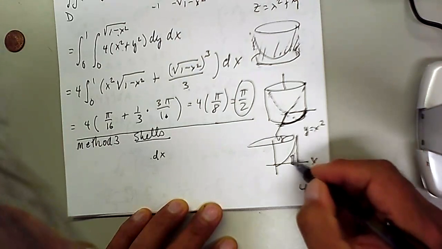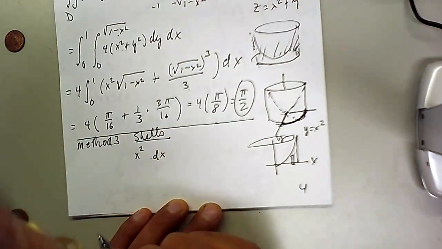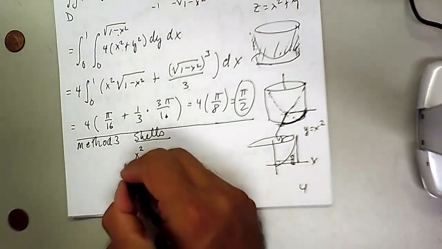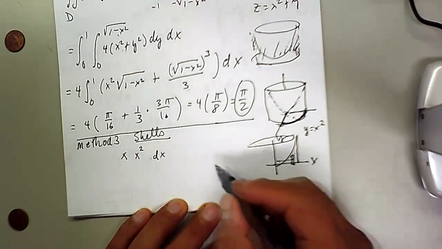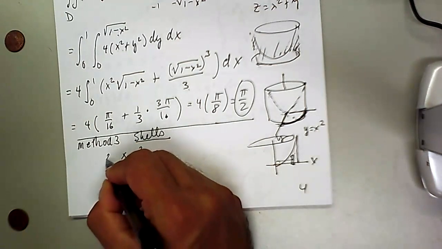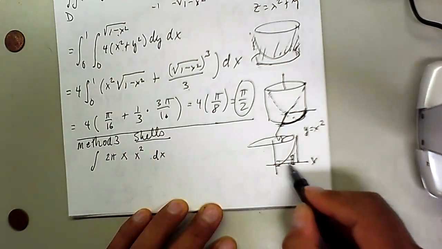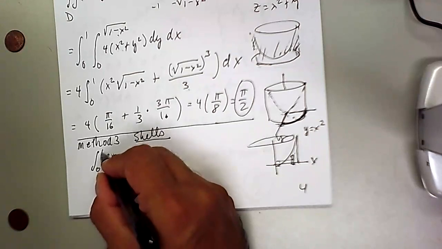So the y value is going to be x squared, so we're going to be integrating x squared. And then the radius here is another x. But then we need to multiply by 2 pi because we're rotating around the y-axis, so 2 pi. And so we're integrating this as x goes from 0 to 1, adding shells.